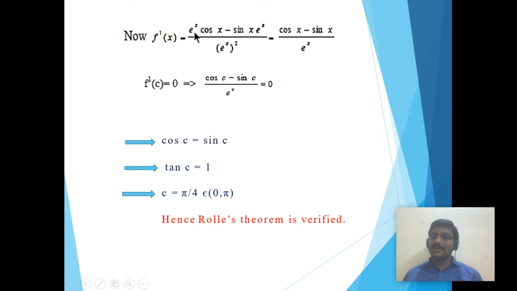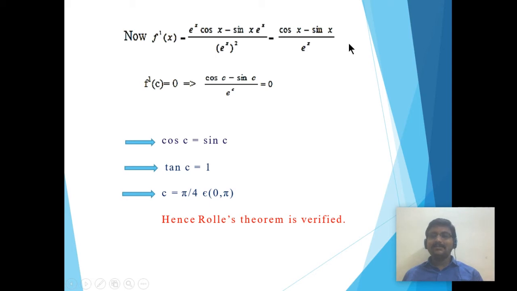Thus we will have e power x into the derivative of sin x, which is cos x, minus sin x into the derivative of e power x, which is as it is e power x, by v square. v square means e power x whole square. Now taking e power x common, clearly one e power x gets cancelled, so that we will have f dash of x is (cos x minus sin x) by e power x.